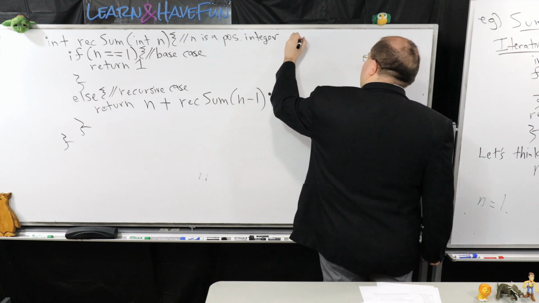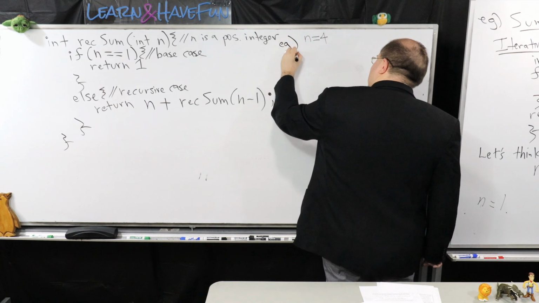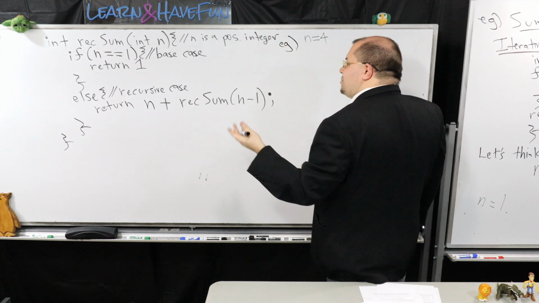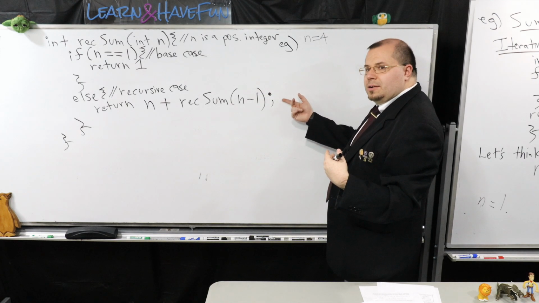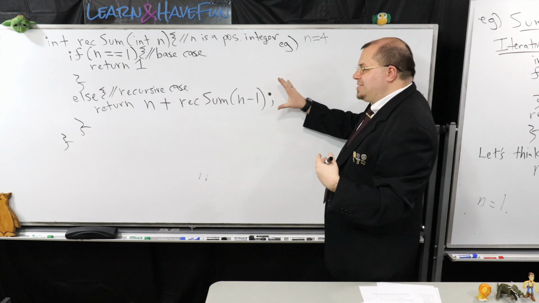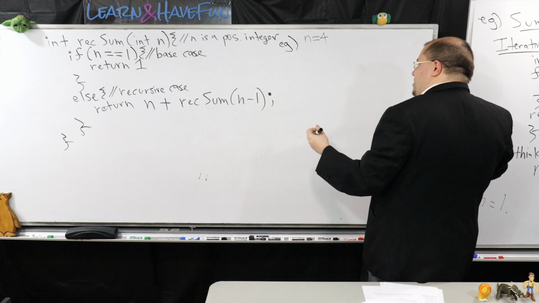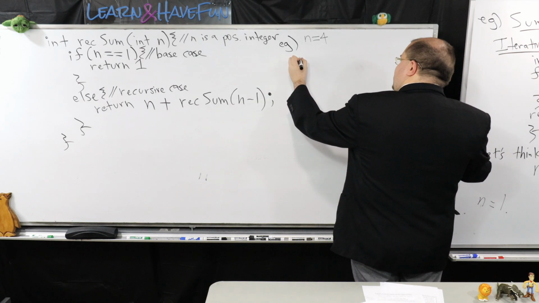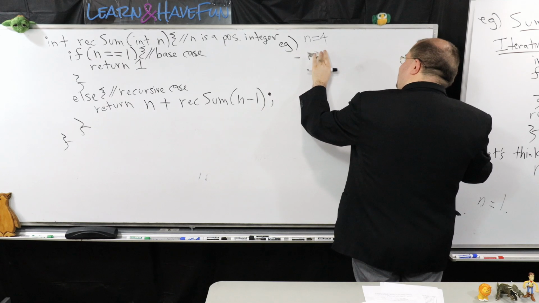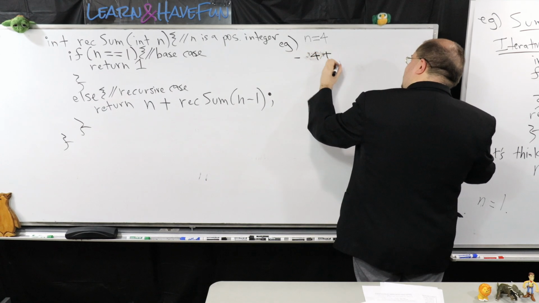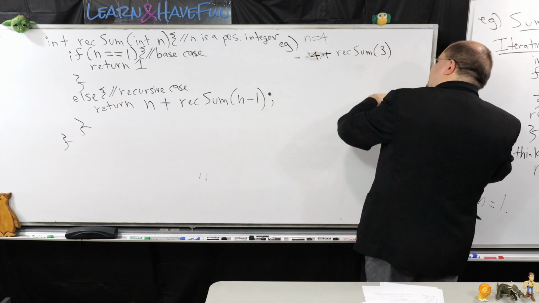So suppose that n is equal to 4, just for the sake of discussion. If n is equal to 4, you know it's not equal to 1, so it goes to the else block. It's going to execute this block. It's going to be n plus the recursive sum of n minus 1. So the first call is given 4, so we're going to have 4 plus rec sum of 3, right?